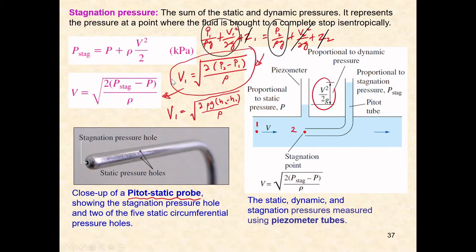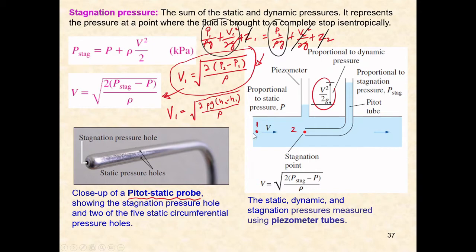The easiest way to understand this is to look back at the Bernoulli equation. We can write a Bernoulli equation to compare a point where the fluid is moving with a point where the fluid comes to a stop. So we write the Bernoulli equation for point 1 and point 2.